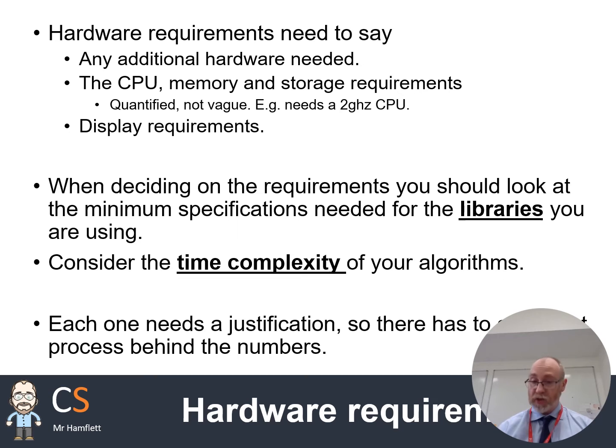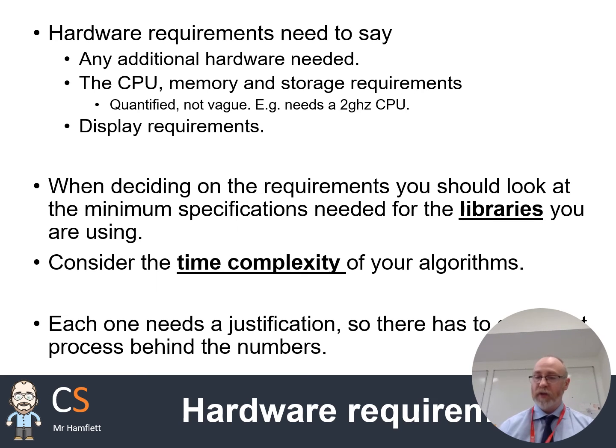You then must justify everything. Now, the justification for a standard PC is literally just that: my program will run on a standard PC, and that's pretty much it. You don't need anything more than that. If, however, you need something more than a standard PC, that's when the justifications matter a bit more.